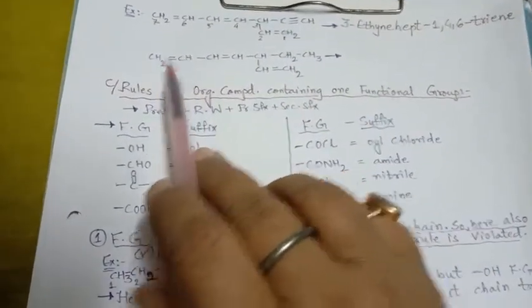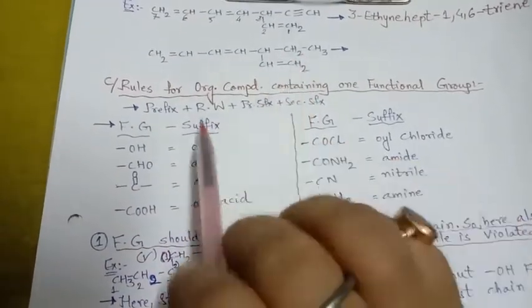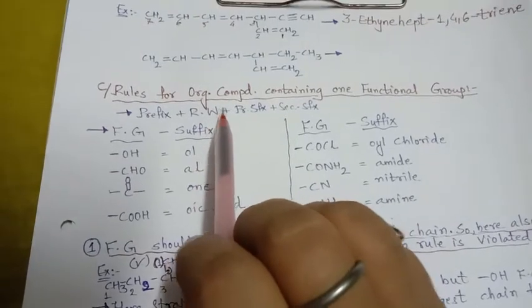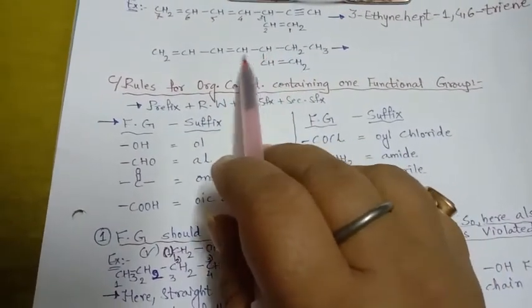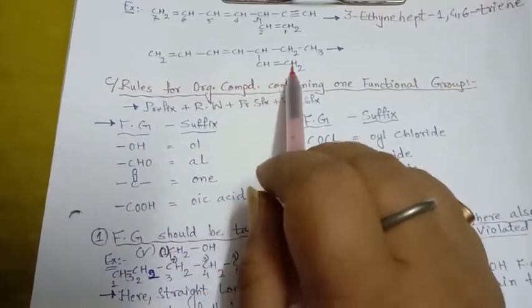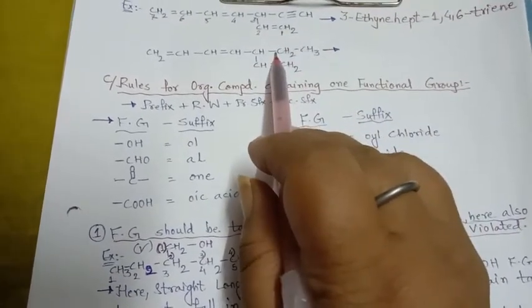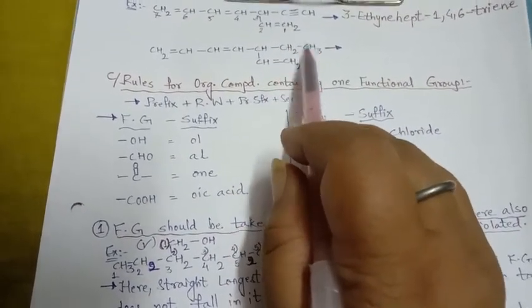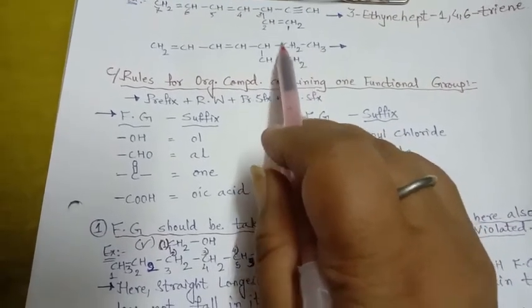So let us see what happens over here. 1, 2, 3, 4, 5, 6, 7. And here also it is 1, 2, 3, 4, 5, 6, 7. So here also heptene. On the third carbon there is an attachment, but here it is a single bond and C2H6, but instead of H6 it is H5, so an alkyl group.